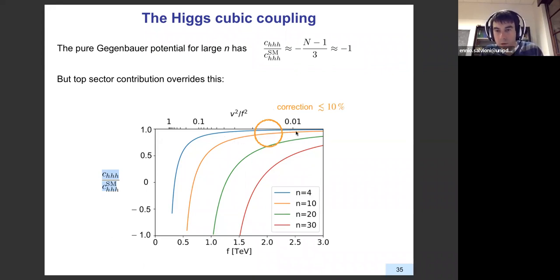And so a 10% correction is something we will not, unfortunately, see at the LHC, for example. We need to wait, perhaps, for FCC. But still, this is interesting a priori, and so I'll come back to this in the last part of the talk, which will be applying this story in the twin case.